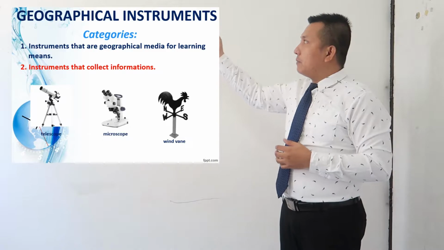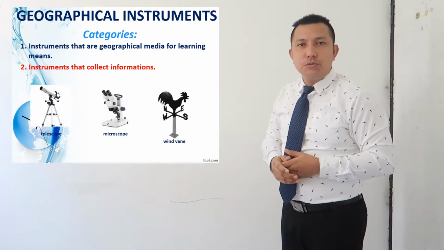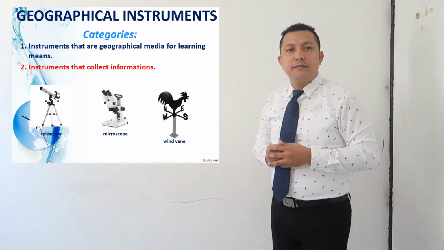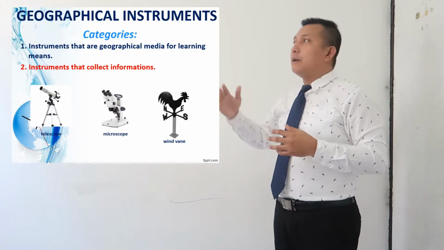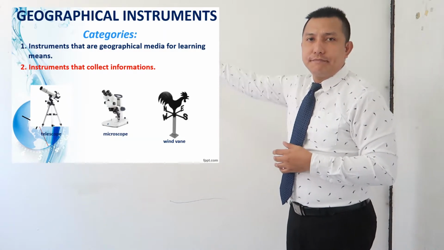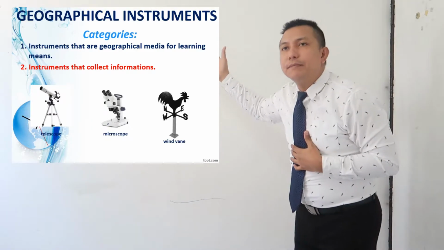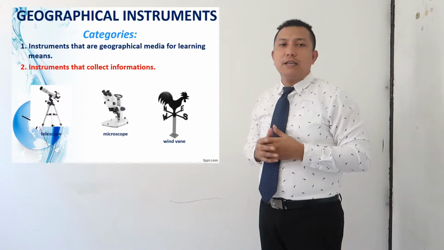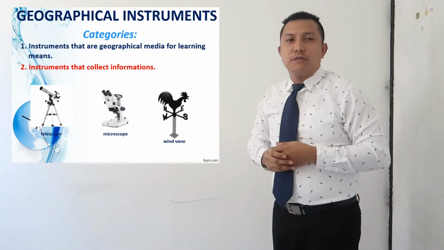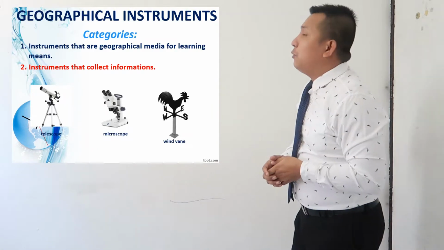Number one, we have telescope. Number two, yes, can you read? Very good. That's microscope. Okay. How about the other one? Yes, over there. What's your name? Okay, please tell us what is the picture. Wind vane. Nice. And we have a lot more. We have the newest, the GPS.